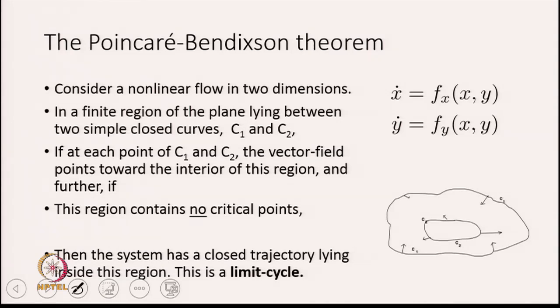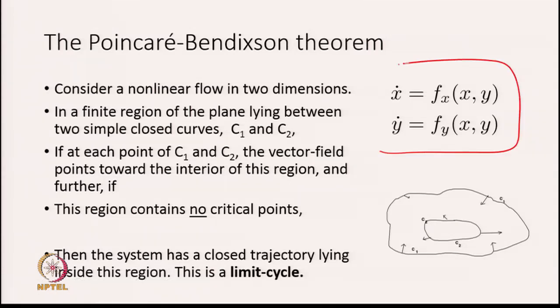So, in its simplified version, the Poincare-Bendixson theorem says that if you have a nonlinear flow in 2 dimensions, and here is an example of a nonlinear flow in 2 dimensions, very general, if in a finite region of the plane, which is the phase space of this particular problem, we consider 2 curves C1 and C2, and C1 and C2 are of the following kind.